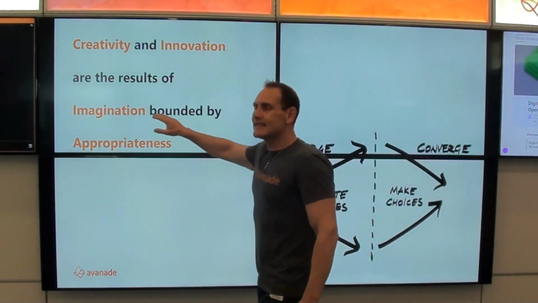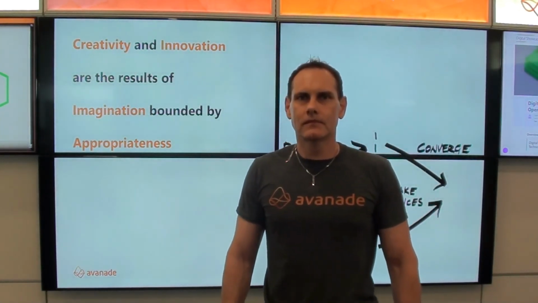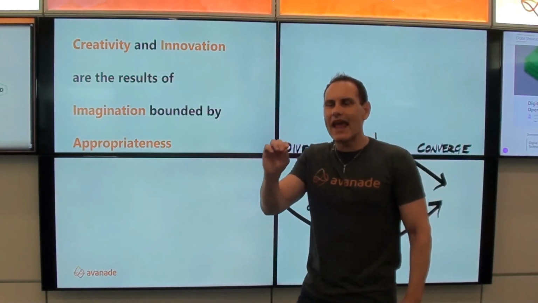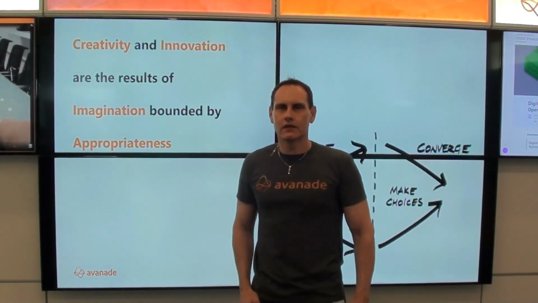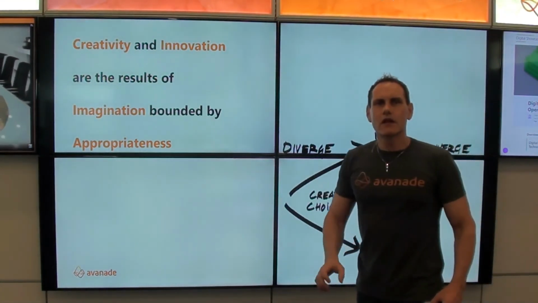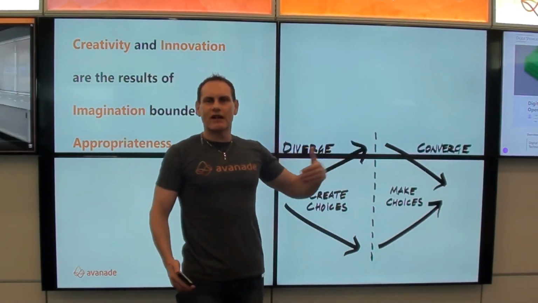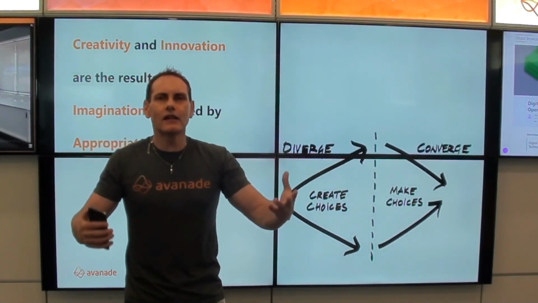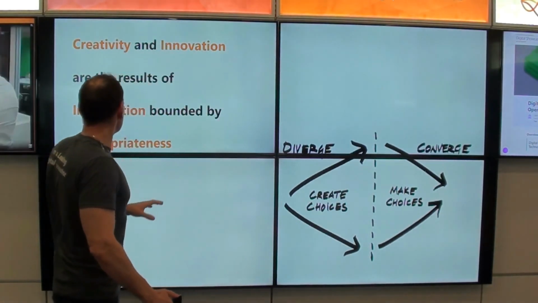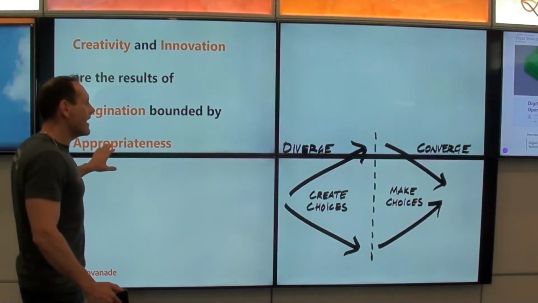But imagination by itself does not lead to innovation, because in order to be innovation, it actually has to be able to be executed. And that is where convergence comes in. Making choices. What is possible, given the budget constraints we might have, given the technical constraints that we might have. So innovation happens when we have imagination bounded by appropriateness.